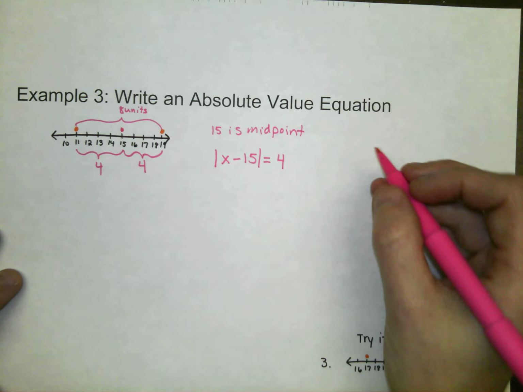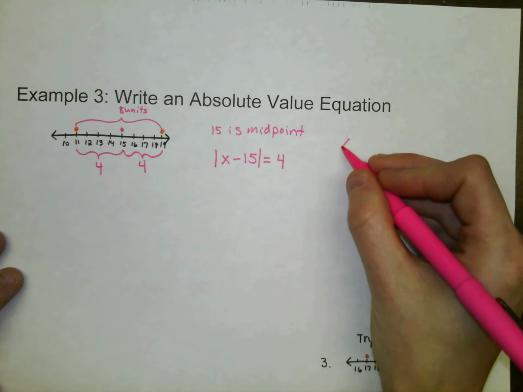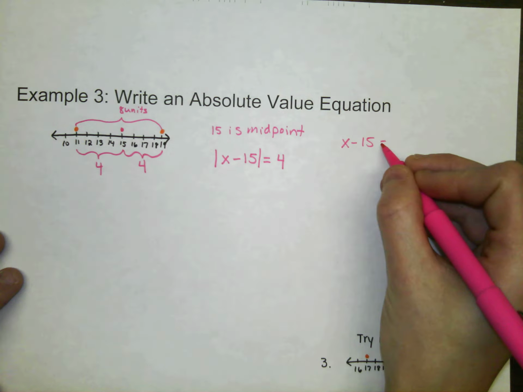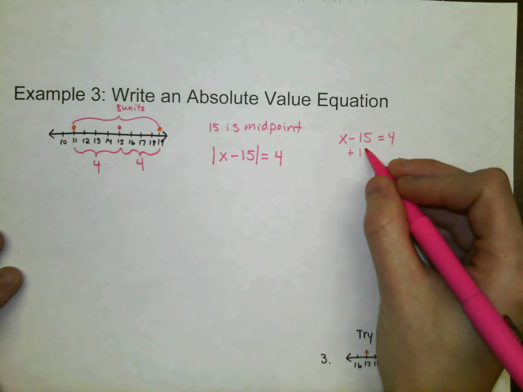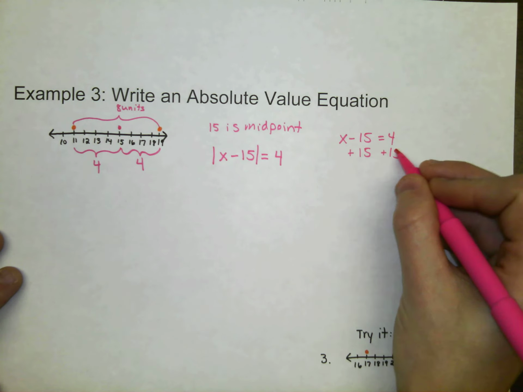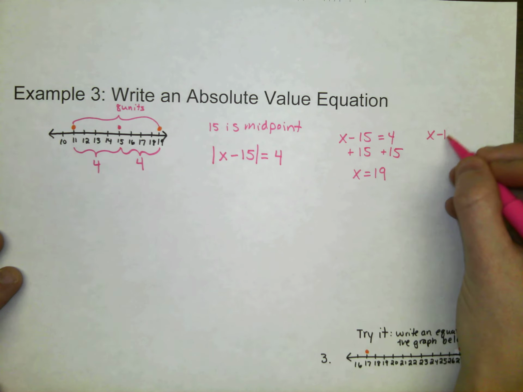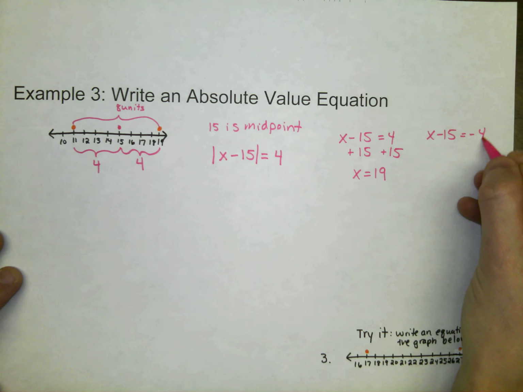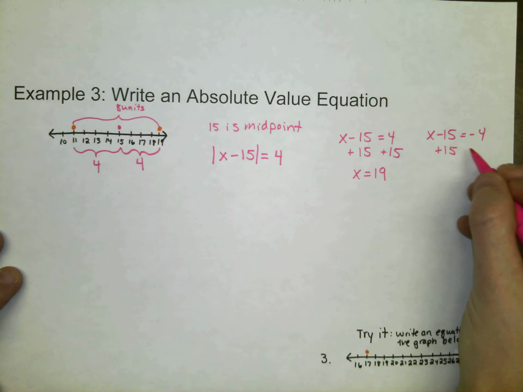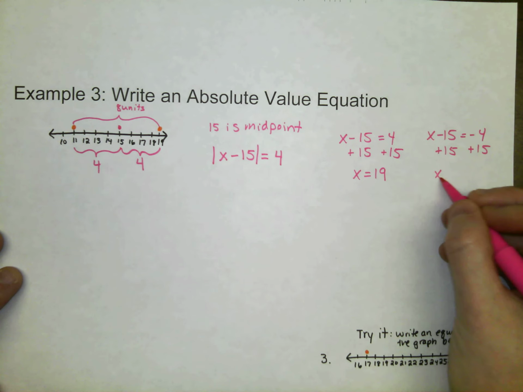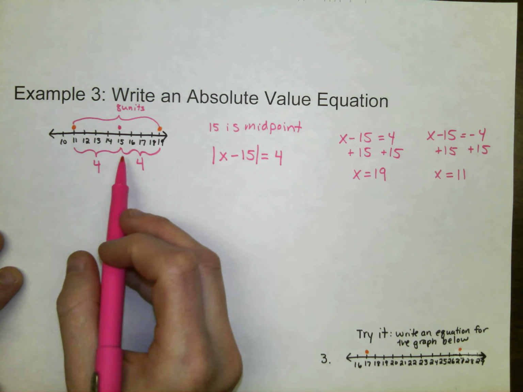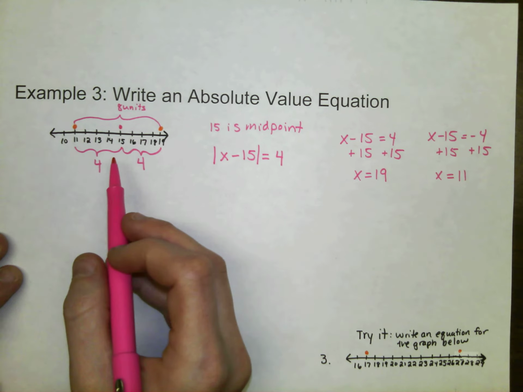You could check this too. We could say x minus 15 equals 4, plus 15 plus 15, x equals 19. And then we could do x minus 15 equals negative 4, plus 15 plus 15, x equals 11 to show that that is true.